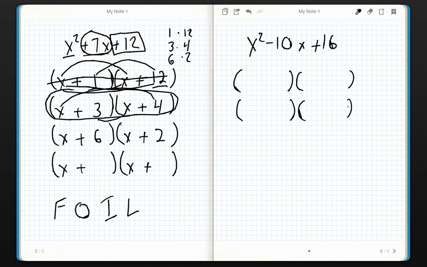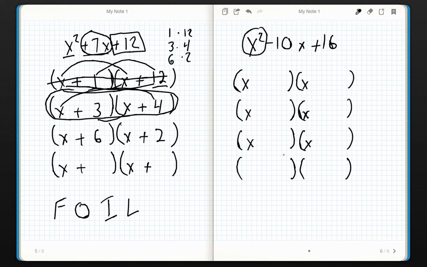If I'm not seeing it right out of the gate, I need to make sure I find it, and I'm going to search for it carefully rather than just willy-nilly. Again, my first term is an x squared, a 1x squared, so I know that the first term of the binomials is going to be x.